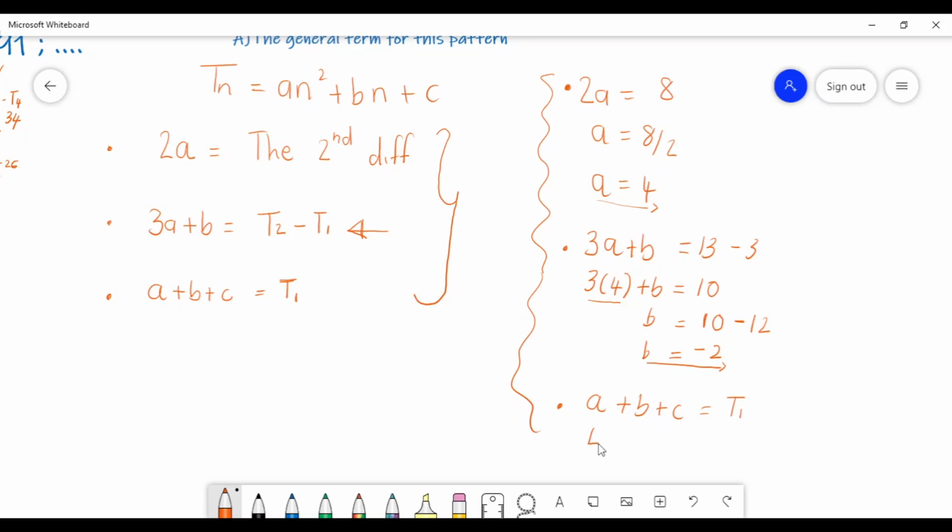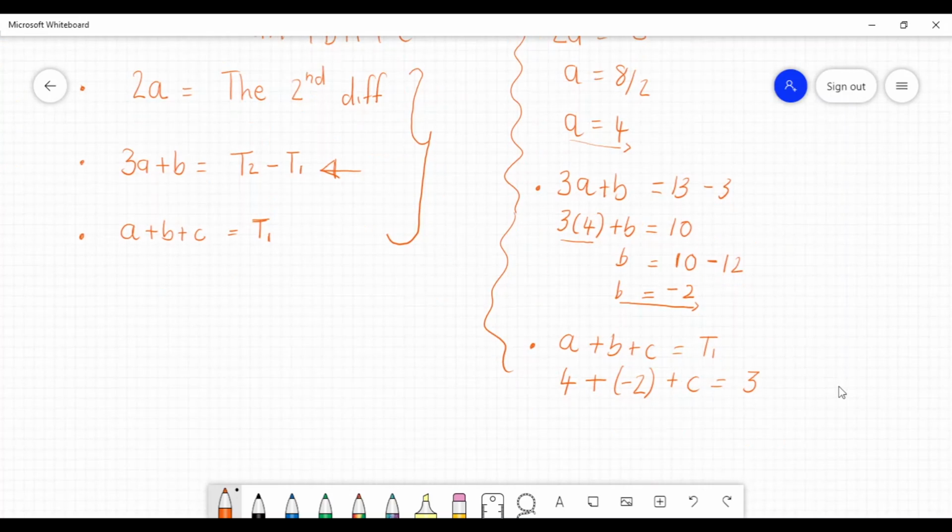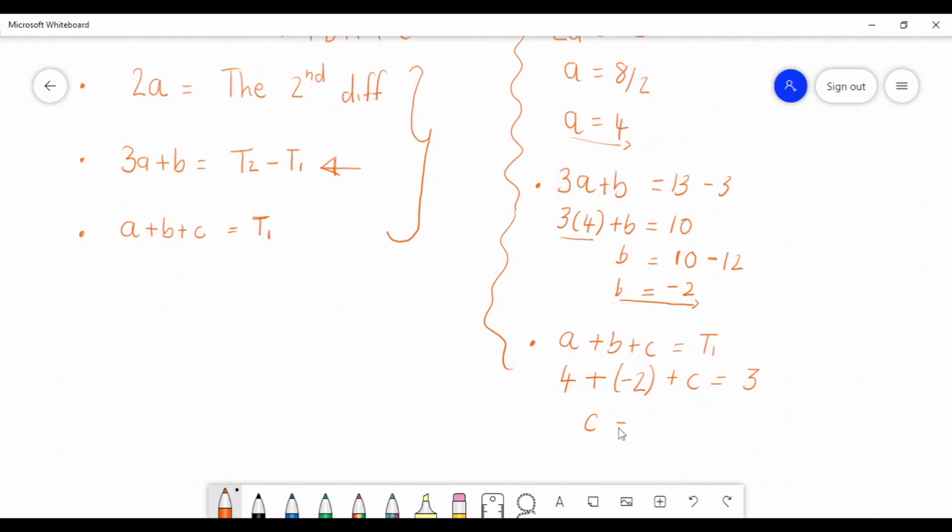We said a is equal to 4, right? We said b is equal to minus 2. And now we are trying to get our c. Our T1 is equal to 3, right? And then we simply make c the subject of the formula, and then you solve. So it's going to be 3. You move the other values to the other side.